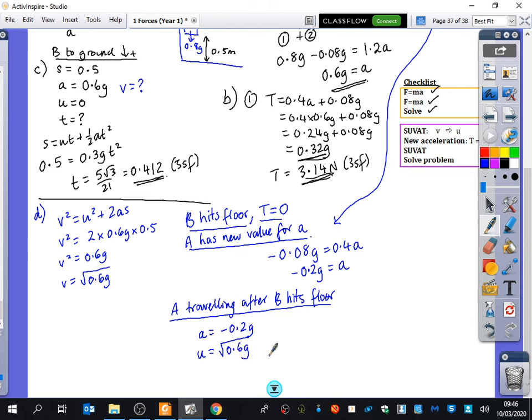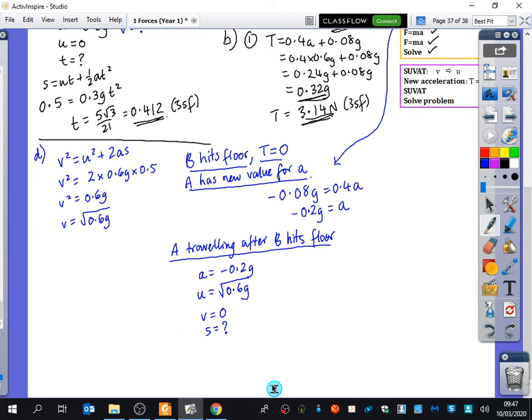Who thinks they know what any of the other values are? And I don't want it to be Ishraq, because Ishraq's doing all the hard work here, and you're going to start relying on him to always give answers. What about v? Does anyone think they know what the value of v might be for this? Pardon? It's 0. Why? Good, it comes to rest. And what was the thing I'm actually interested in for this whole question? The distance. So I want to find out what s is equal to.